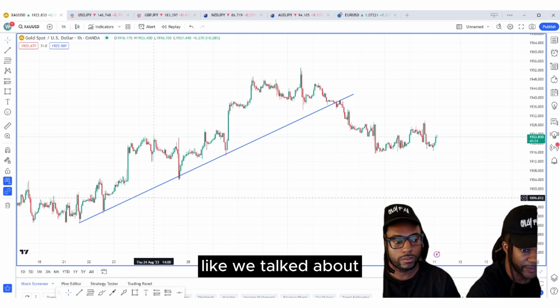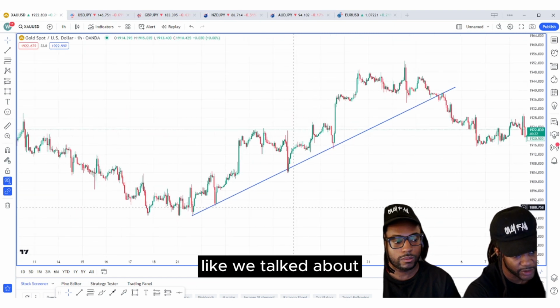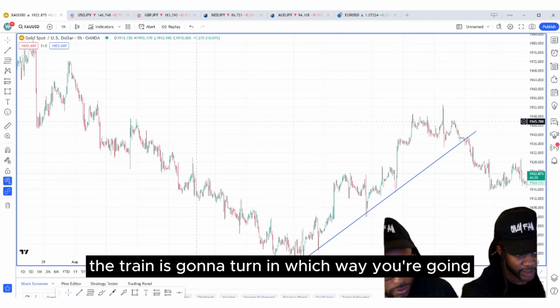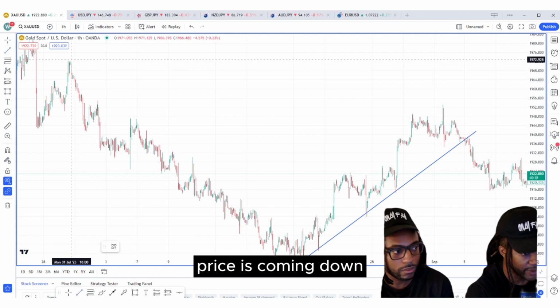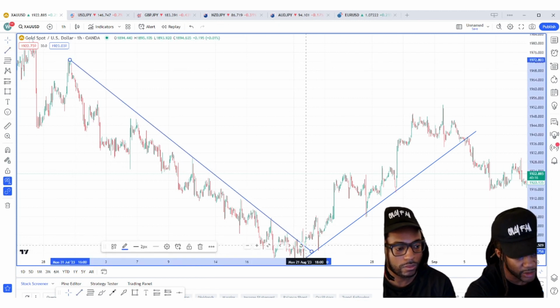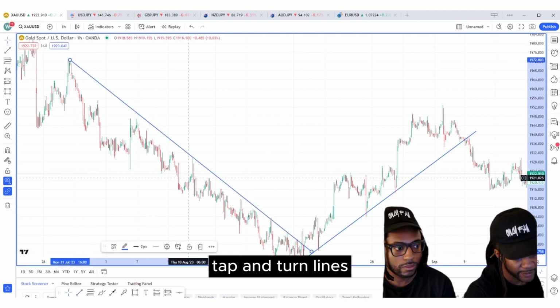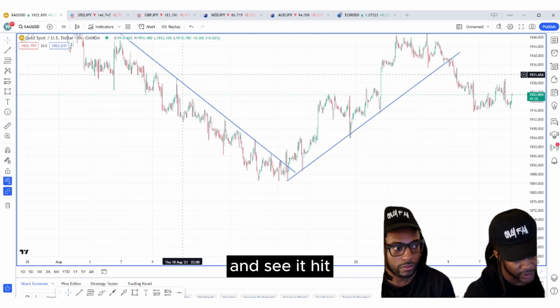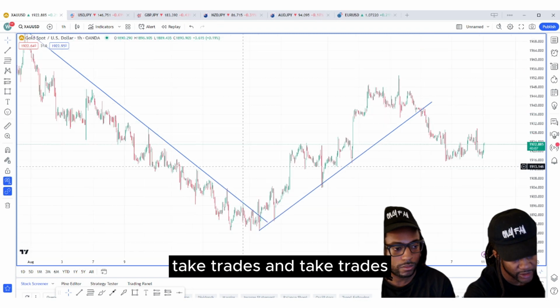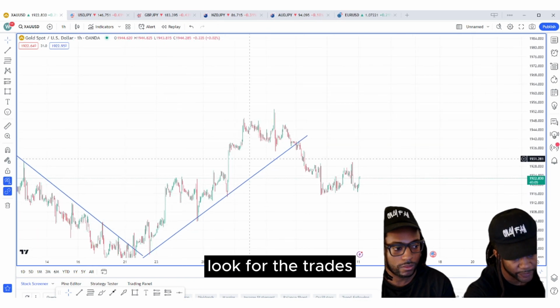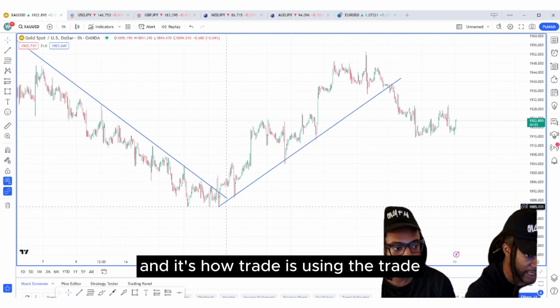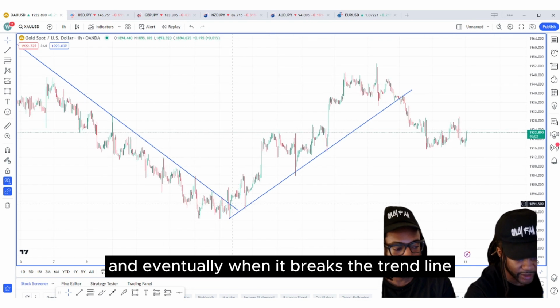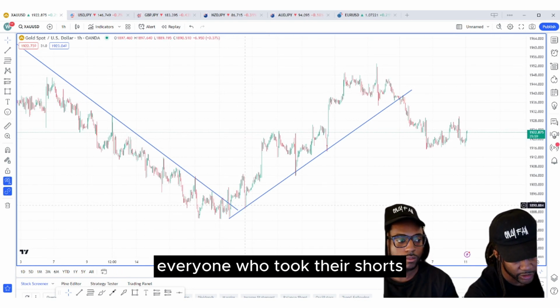Like we were talking about, the trend is going to determine which way you're going. So right here, price is coming down and just falling down, tapping trend lines, tapping trend lines, tapping trend lines, and you see it hit. We take trades. We look for these trades. So these are what trend lines are, and this is how traders use them to trade. Eventually, when it breaks the trend line, everyone who took their shorts will get out.